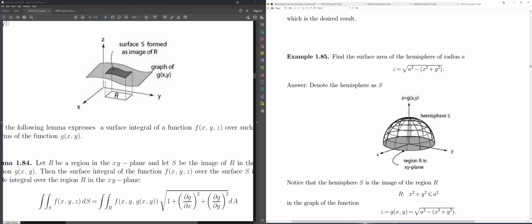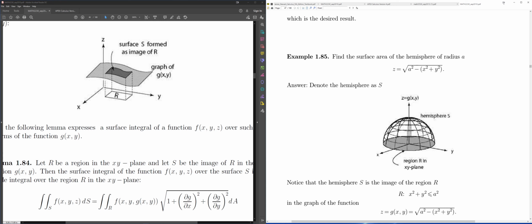It's as if you expanded this dark gray over here to cover this entire light gray thing over here. Anyway, so this is z equals g of xy. In this formula, what I need is the g of xy, and that's given to me here, the square root of a squared minus x squared plus y squared.